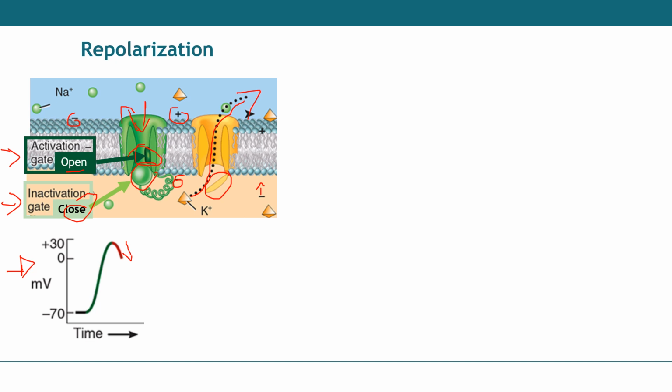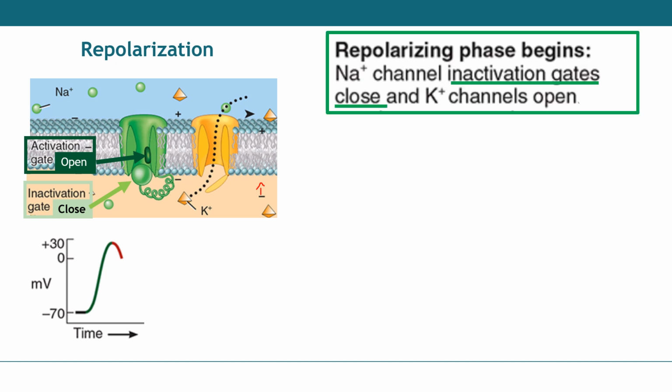Okay, so let me show you what your textbook wanted you to remember. First thing that it told you is that the repolarizing phase begins by closing the inactivation gate, and I showed you that.